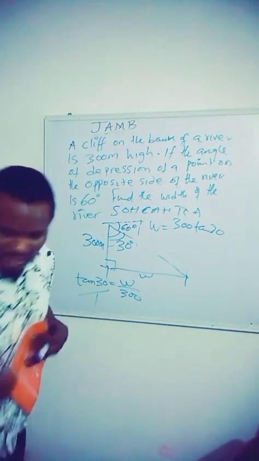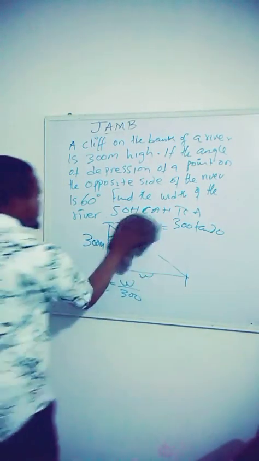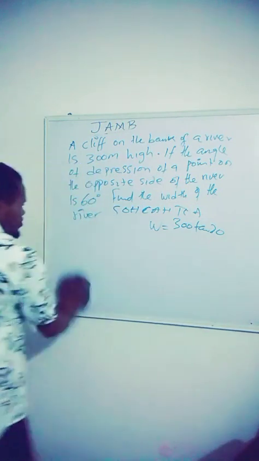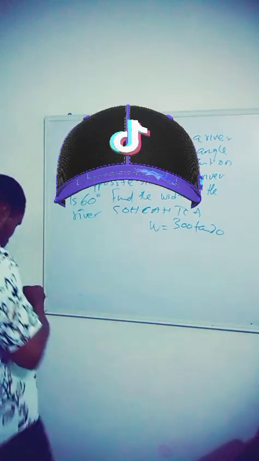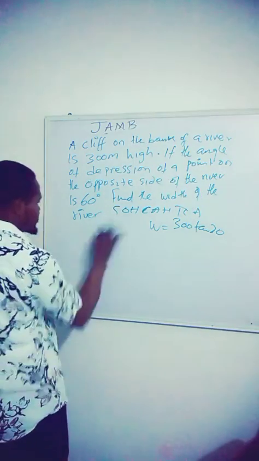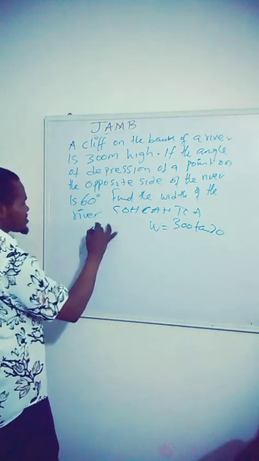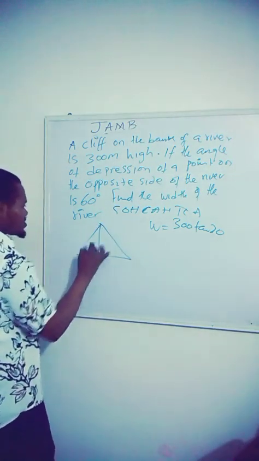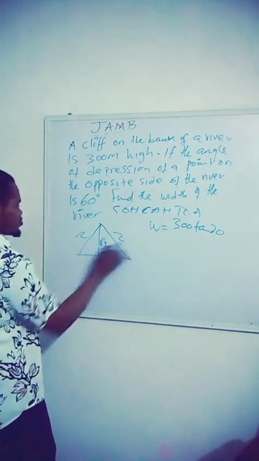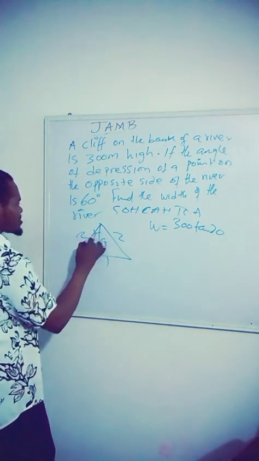30. Where is our triangle? Let's bring our triangle, the one I just drew earlier. We have root 3, 2, 1. Here is 30.